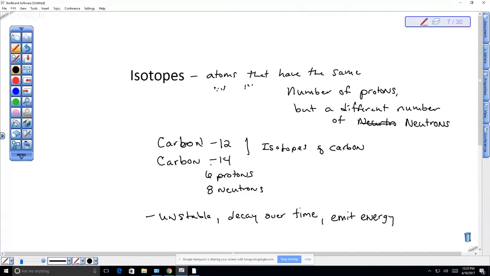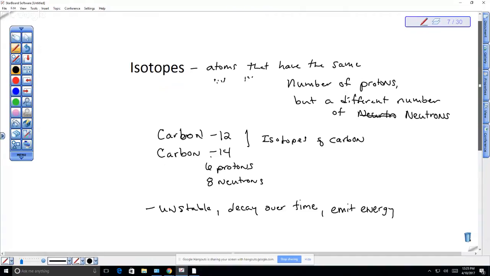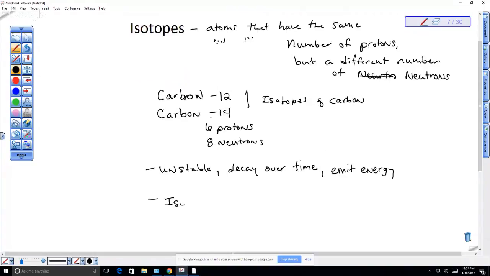And sometimes this energy can be very bad, right? So we have isotopes of uranium that can be mined, and they are radioactive.